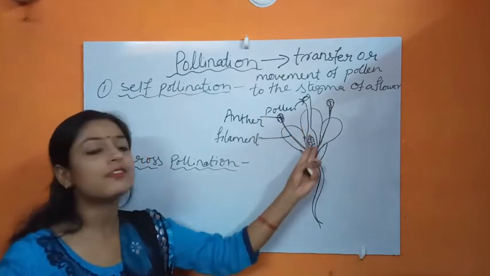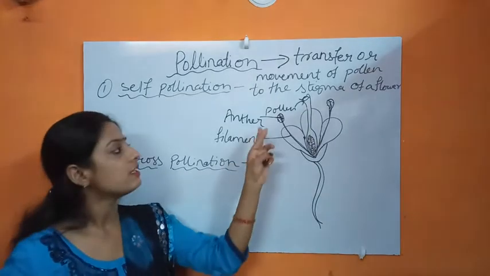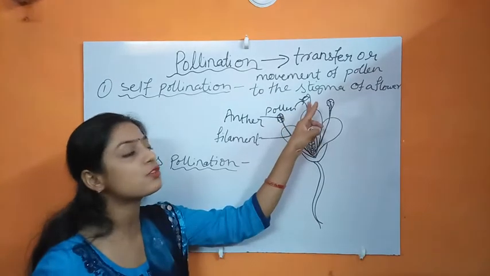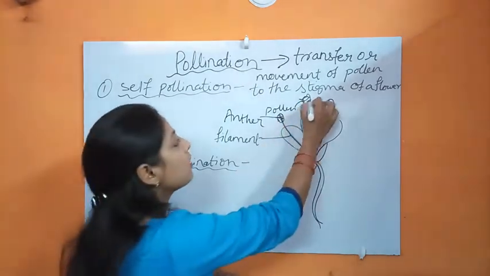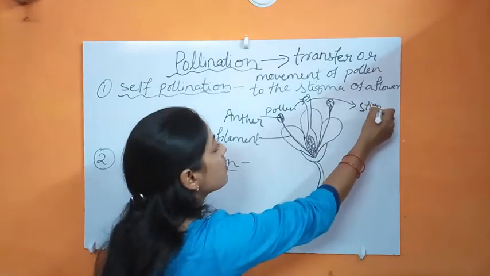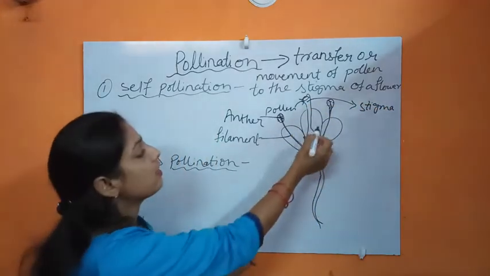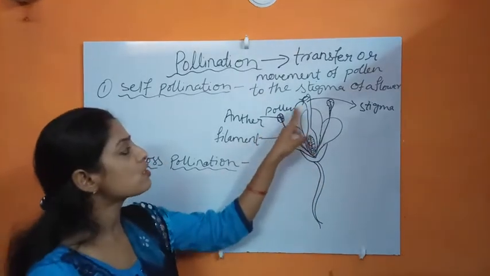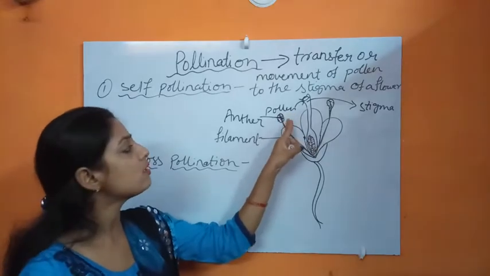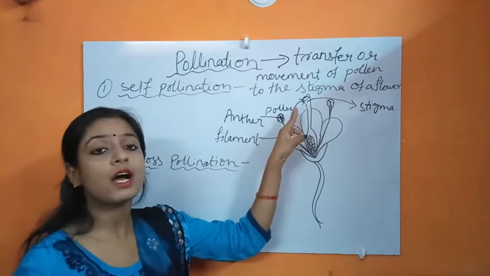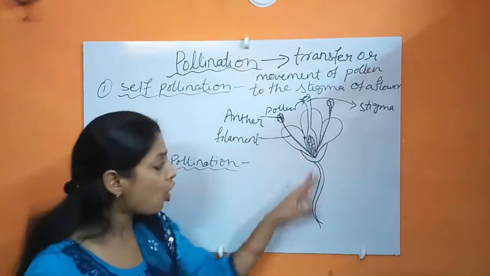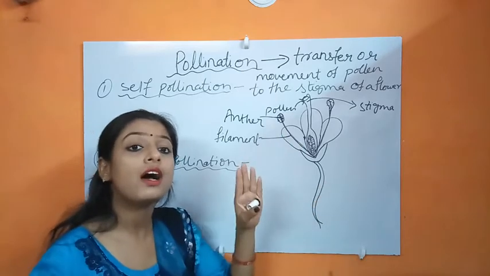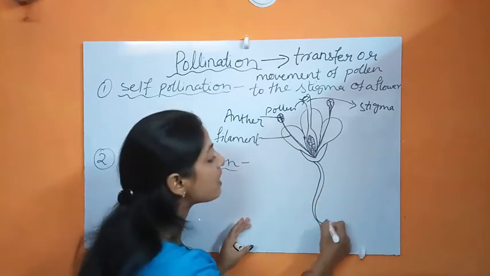Self-pollination means when the flower gets self-pollinated, or when the pollen grains of the same flower get transferred to its own stigma only. This part is the stigma, which we have already seen in our previous video. So it is the transfer of pollen grains from the anther to the stigma of the same flower, or the transfer of pollen grains from an anther to the stigma of another flower present on the same plant.